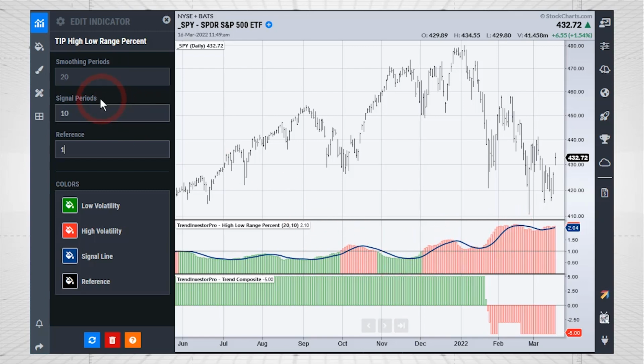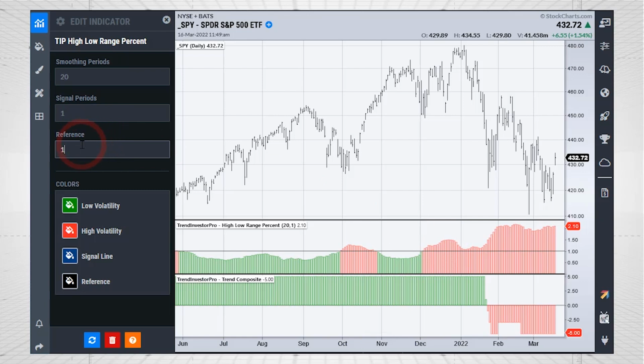But I mostly look at absolute levels. So I leave that moving average or that signal at 1. And then the reference is the horizontal line that you see there. So everything above that reference line is red.